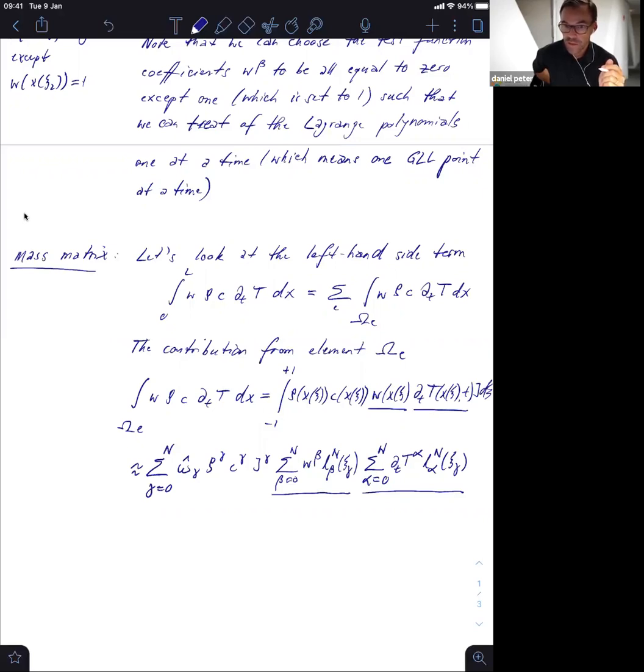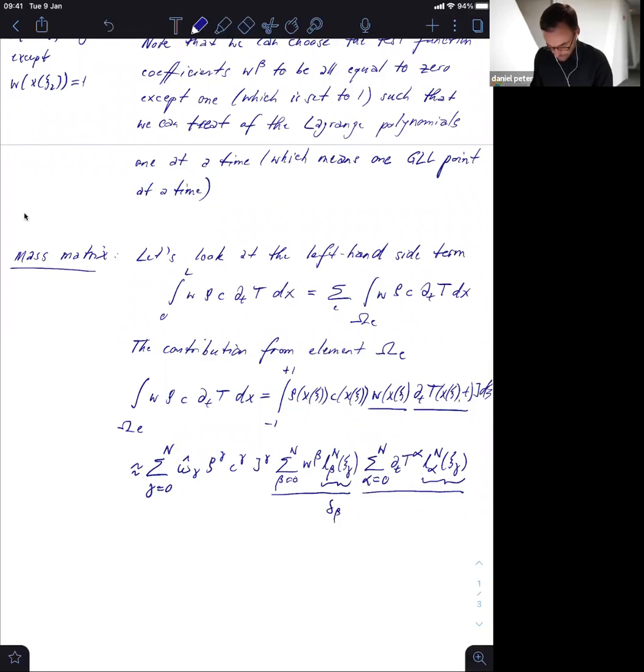Good, and now look at these evaluations of the Lagrange polynomials. The Lagrange polynomials for the quadrature rule are evaluated at the GLL point psi gamma. And if you look back into part 1, the thing we looked at last time, you will see that these things become these Kronecker delta functions.